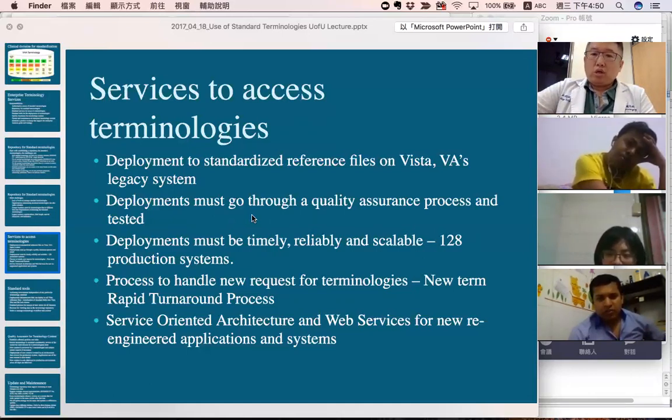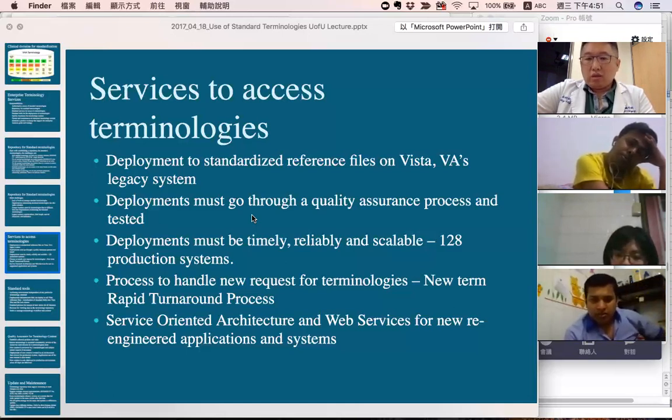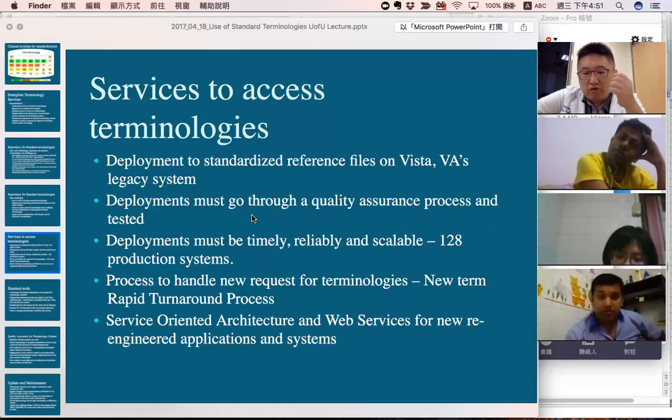For example, Zhiyang and I try to provide a quality assurance process for all the LOINC processes. You can imagine in Taiwan, you cannot train one expert just to do the quality assurance for LOINC. But if Zhiyang can do it for one hospital, then probably he can do 10 hospitals with better quality. So you can think about quality assurance in different countries, in different settings.